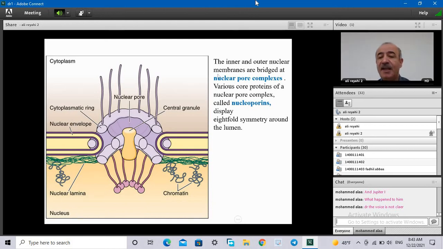The inner and outer nuclear membranes are breached at the nuclear pore complex, and various core proteins of the nuclear pore complex are called nucleoporins. Nucleoporins are arranged like a basketball basket, for example. You can see this shape.